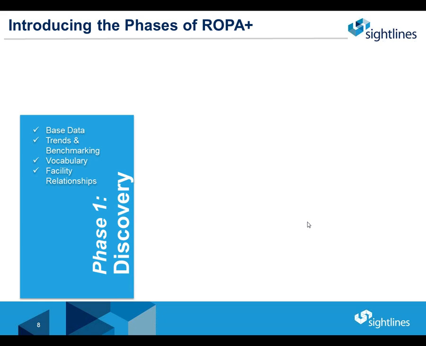And we've been able to define facility relationships, the relationship between capital planning and operational planning, the relationship between operating effectiveness and service, the relationship between keep-up and catch-up. All of that has been part of that discovery process.